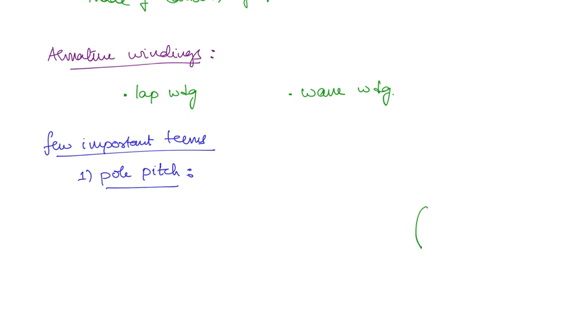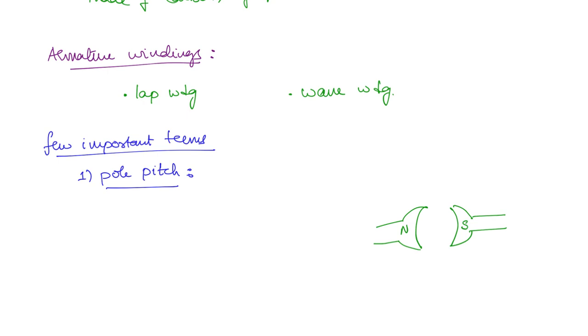Now if you consider two poles, you can see that if you complete one entire rotation, that will be 360 degrees. Now what is the angular distance between adjacent poles? One is the north pole and the other is the south pole here, and you have only two poles. What is the angular distance? They are placed 180 degrees apart.